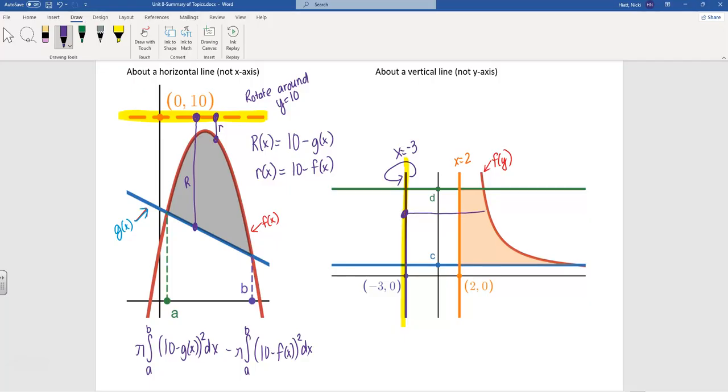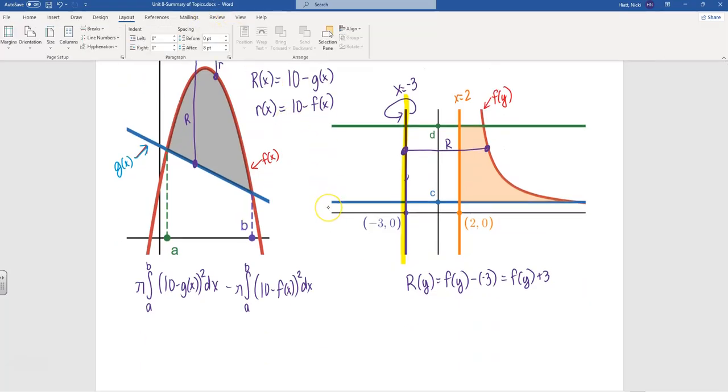Line you're rotating around to the outside, that's capital R. So capital R of y is going to be right minus left, f of y minus negative 3, which if you want to, you could say f of y plus 3.